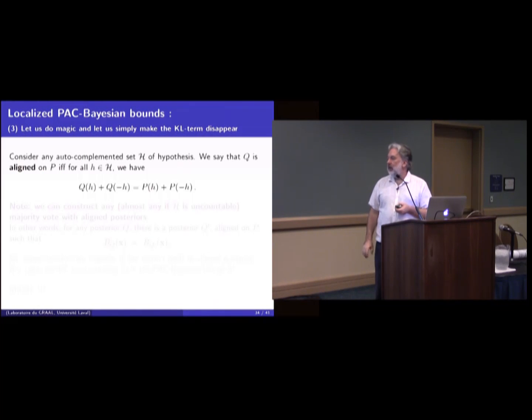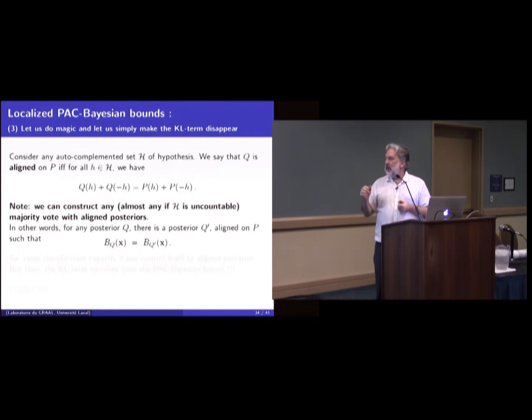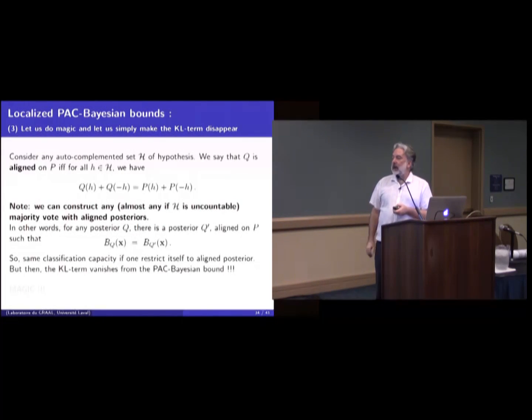This is quite a good constraint, but it's not so bad, because except for a very weird case where H is uncountable, you can always find an aligned posterior that gives exactly the same majority vote as any posterior. So you give your posterior, it is not aligned on P, I can transform it into a new posterior Q prime that will be aligned on P, for which I will have this nice property. And when you do that, magic appears, the KL simply disappears.